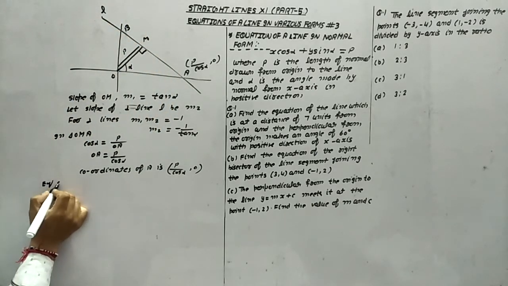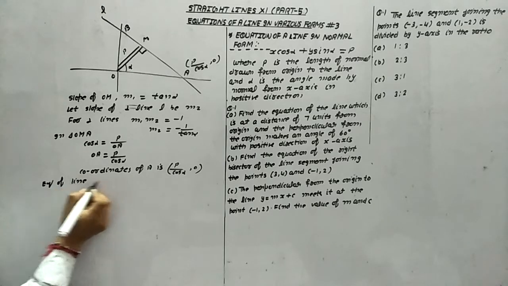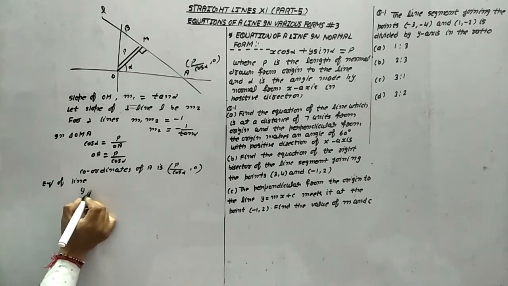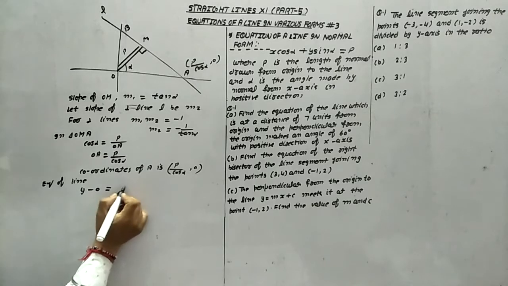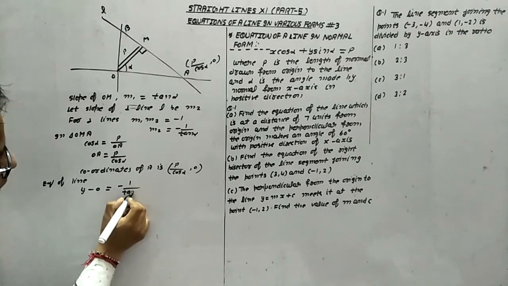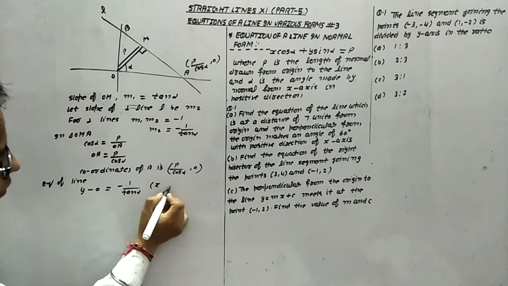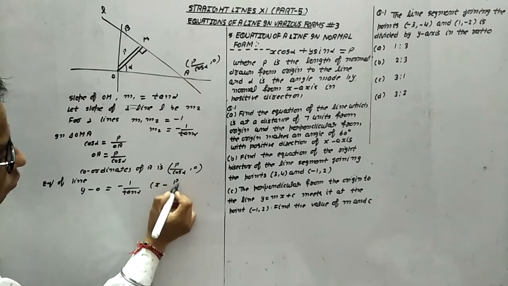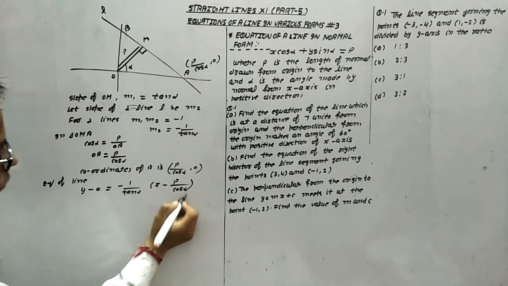Therefore, the equation of line L by the rule is y minus y1, which is 0, m is minus 1 upon tan alpha, and this is x minus x1, and what is x1? p upon cos alpha.